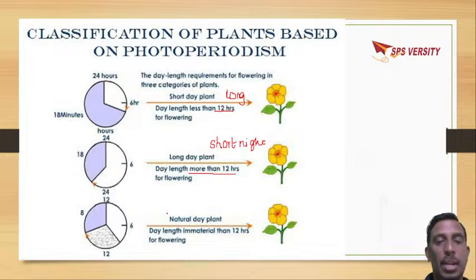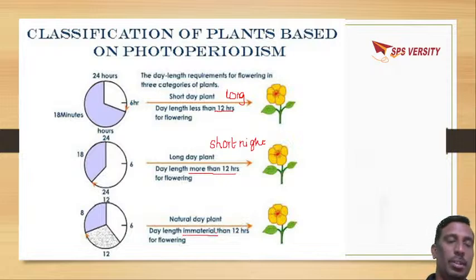Day neutral plants. So their day length is immaterial, whether they're exposed to 12 hours or whether they're exposed to less than 12 hours of photoperiodism. It is immaterial. They are all affected by the light. इसको क्या बोलते कि day neutral plants.